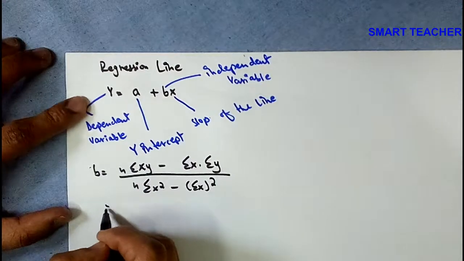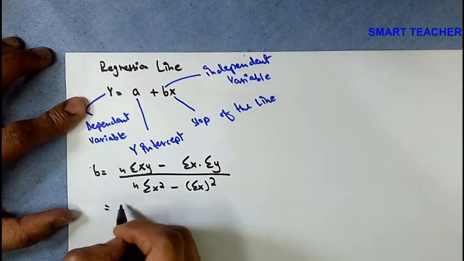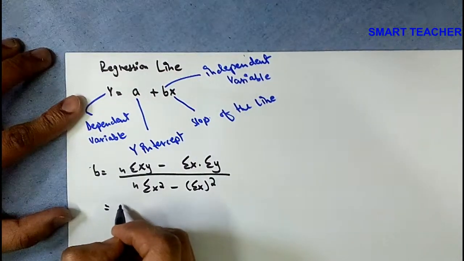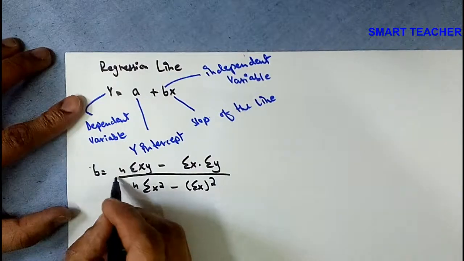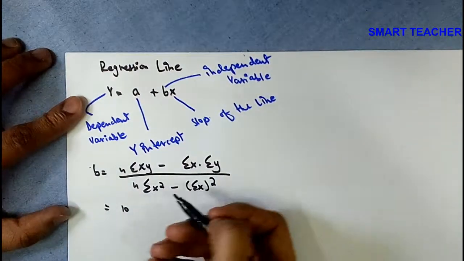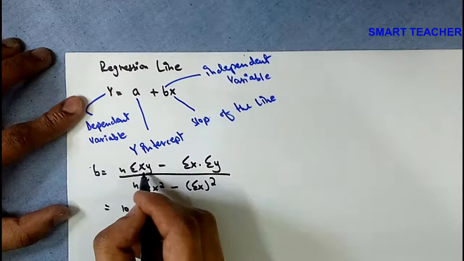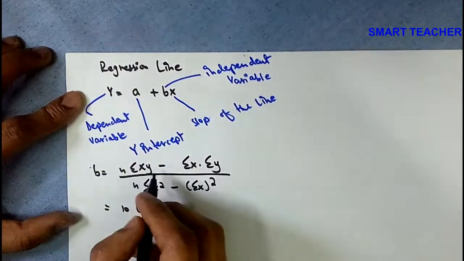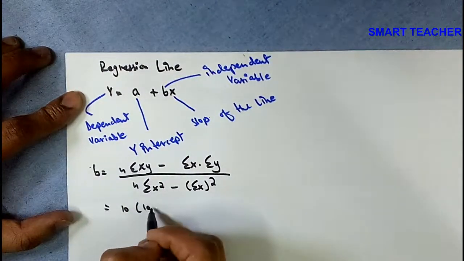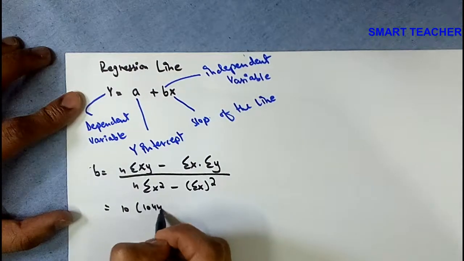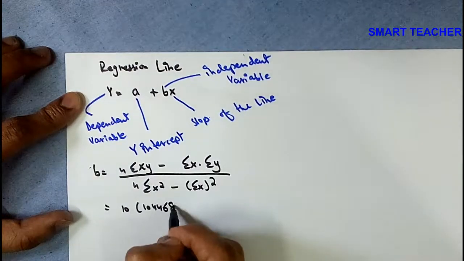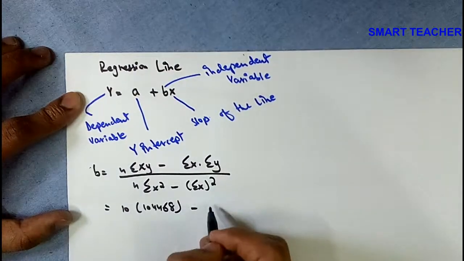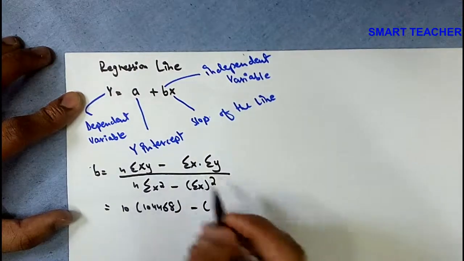Now by putting values, what we get over here is n, the number of observations, is 10, and sum of xy is 104468 minus sum of x.